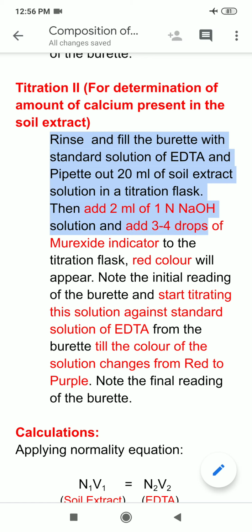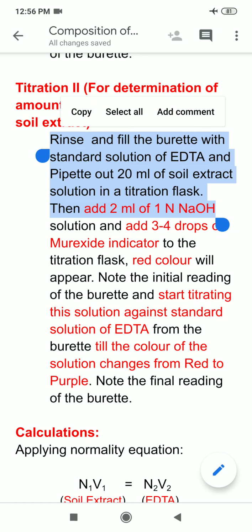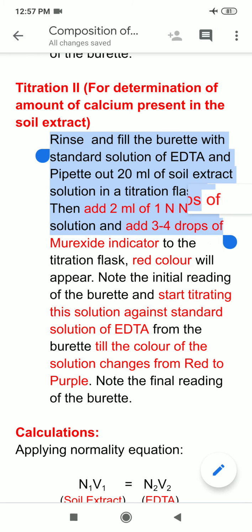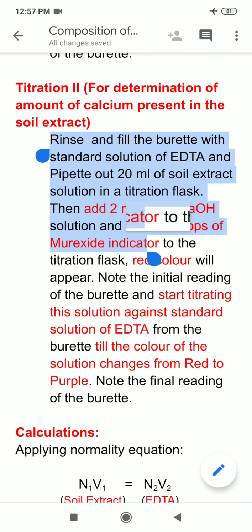Now, when determining calcium alone, we will not add ammonium chloride ammonia buffer, but we will add 2 ml of 1 normal NaOH solution and 3-4 drops of murexide indicator.